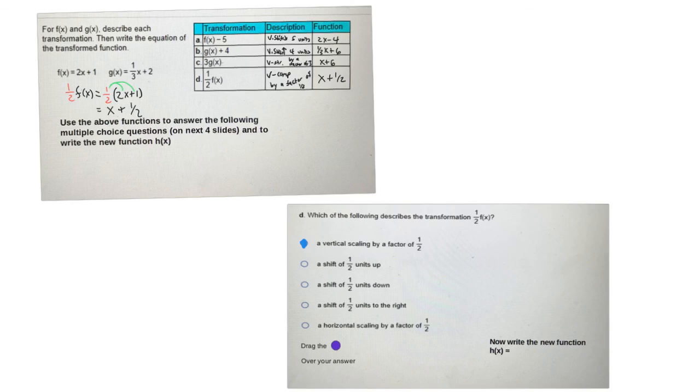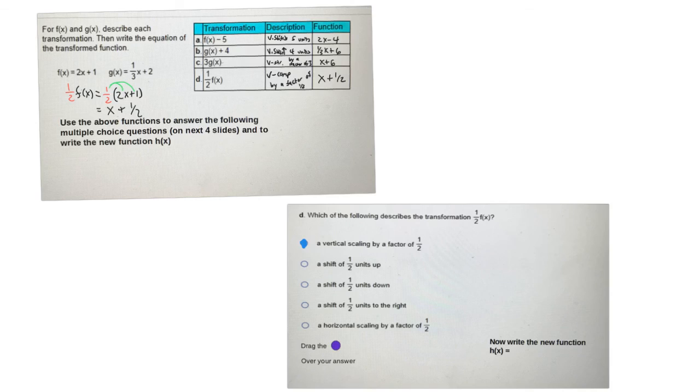But again, it appears your teacher is not yet focusing on horizontal stuff, I guess. I haven't seen anything related to that on the review sheet so far. So anyway, hopefully that makes sense.